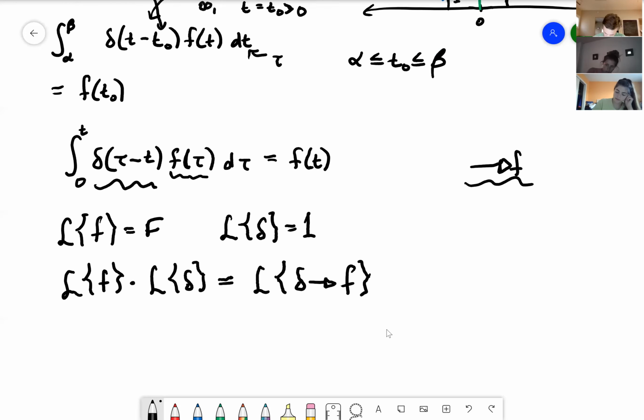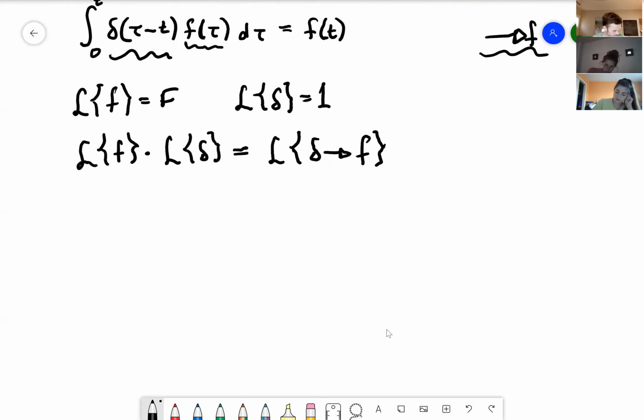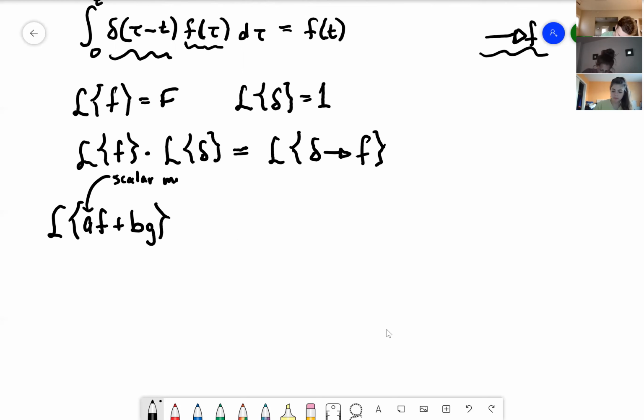So maybe that's really interesting, and we want to expand this idea. We see that there's some kind of relationship with multiplication. Now, what we had before was the Laplace transform of af plus bg. So these are scalar multiples of two functions.